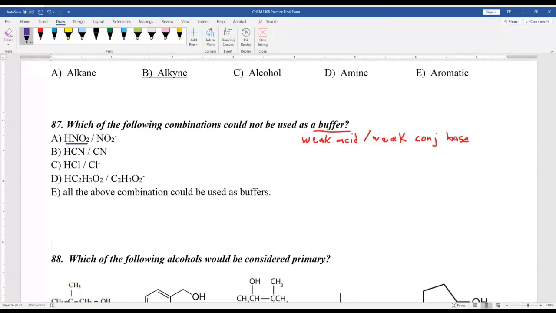All right, what about HCl? Is that a weak acid or a strong acid? Yeah, that one's strong, which means its conjugate base is so weak that it's effectively neutral. It has no basicity whatsoever. Could you use hydrochloric acid and Cl minus as a buffer?